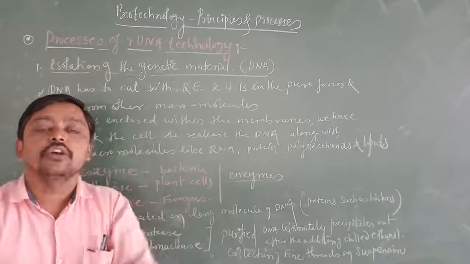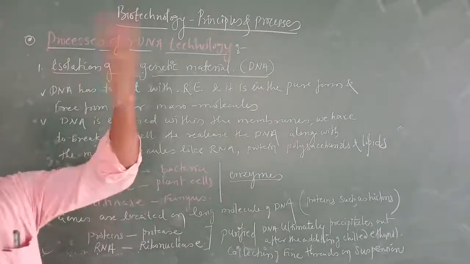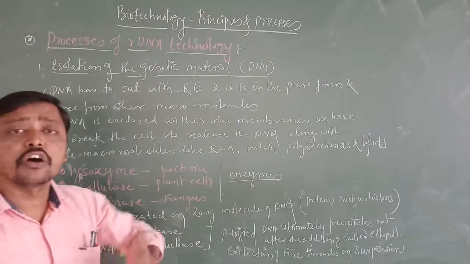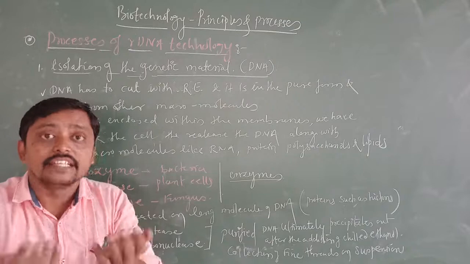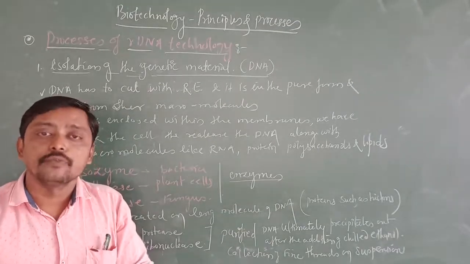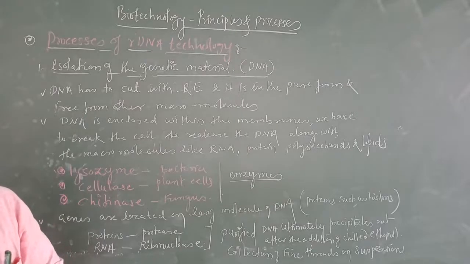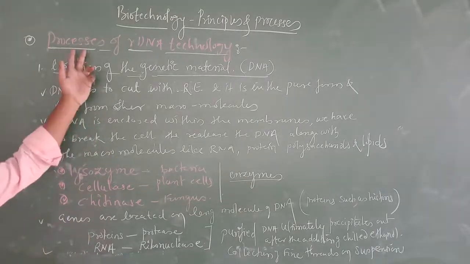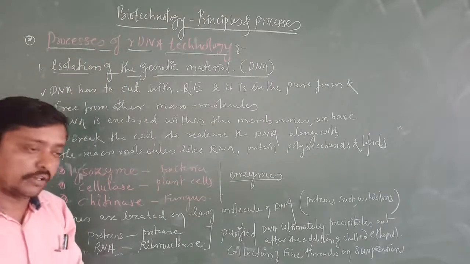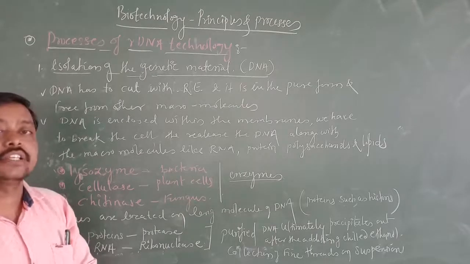Then you introduce that plasmid into the E. coli bacteria, increase the number of those bacteria, and then extract the rDNA from those bacteria on a large scale. These are the steps involved in the processes of rDNA technology. In detail, we are going to study all these steps.